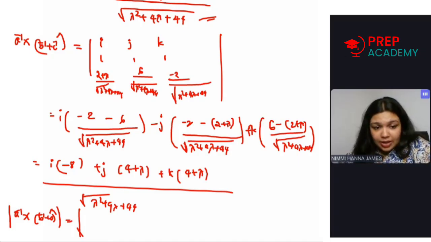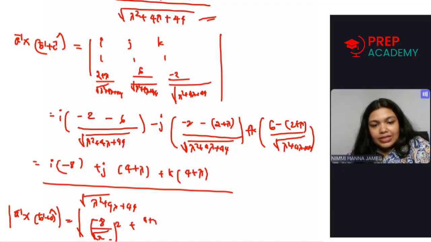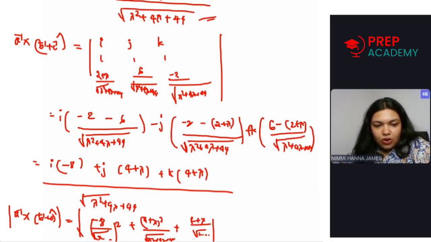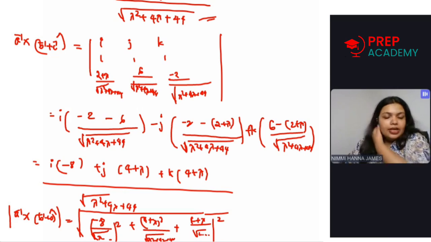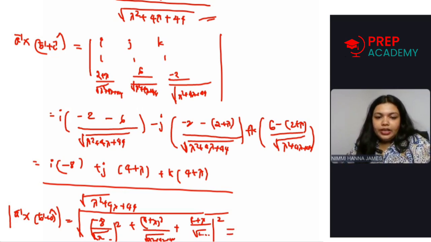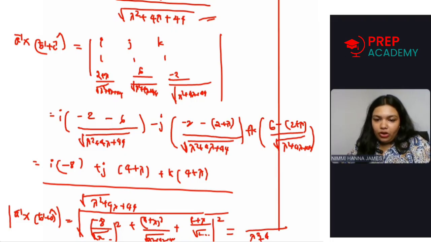The i component here is minus 8 by root of lambda squared plus 4 lambda plus 44, squared, plus (4 plus lambda) by root of lambda squared plus 4 lambda plus 44, squared. Now when it gets squared the root will go, so the denominator is lambda squared plus 4 lambda plus 44 for all the terms, and here it is 64.